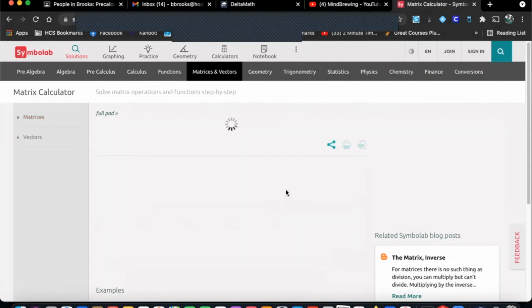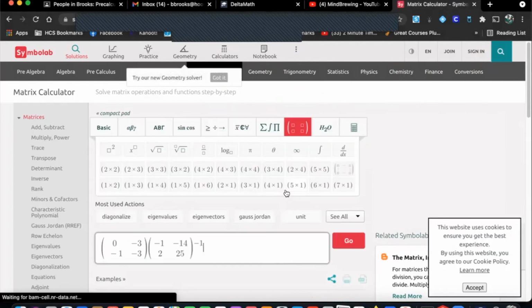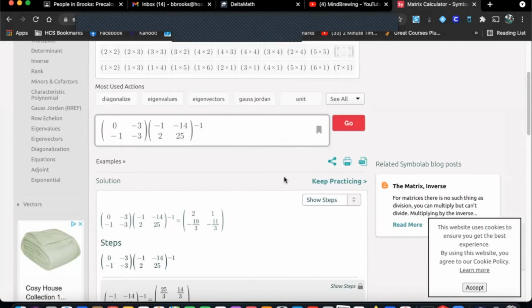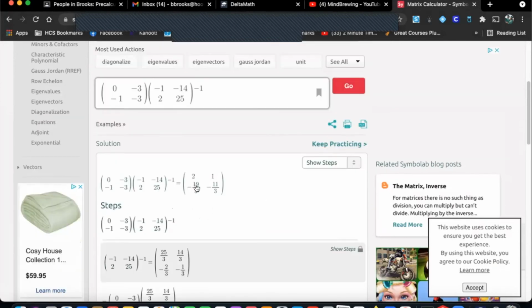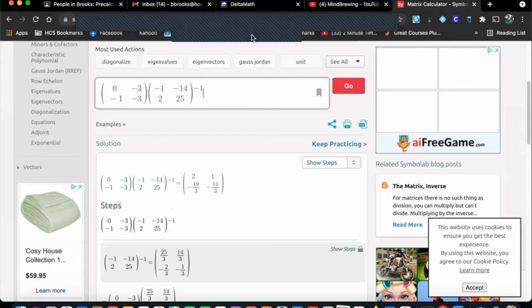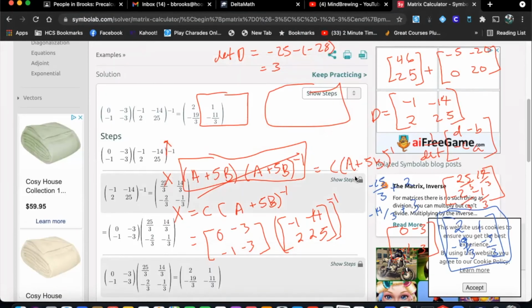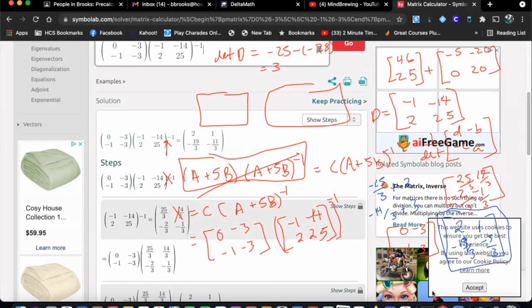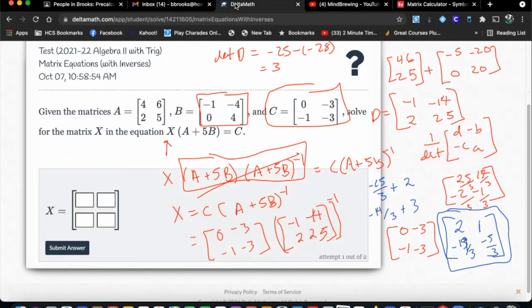And hopefully I got the same thing here. 2, 1, negative 19 thirds, negative 11 thirds. And I got the negative 19 thirds. Must have done something wrong.